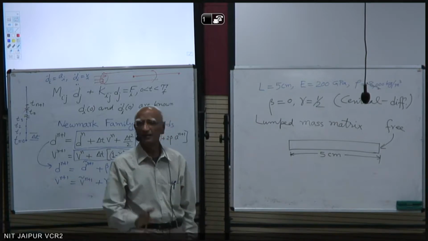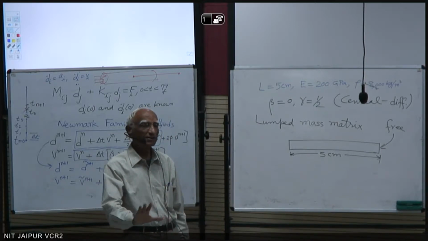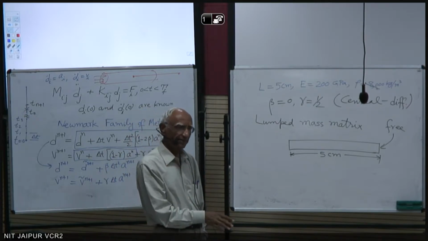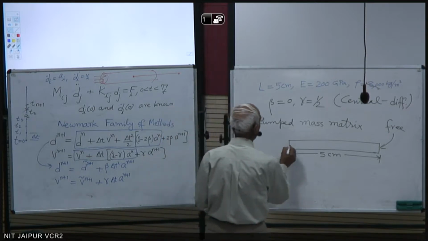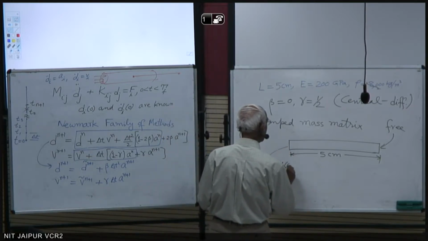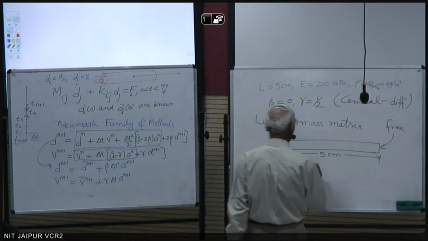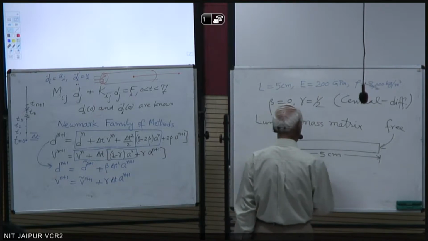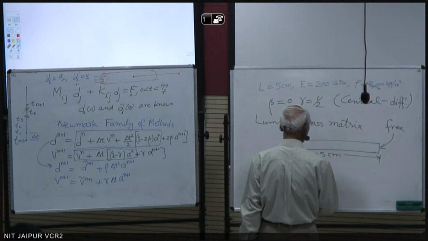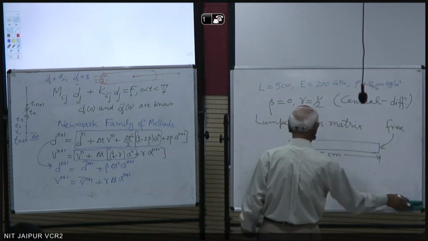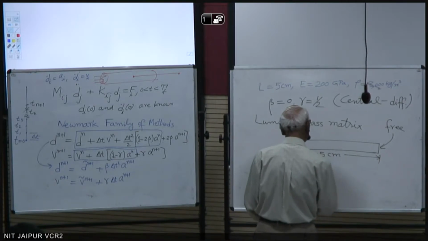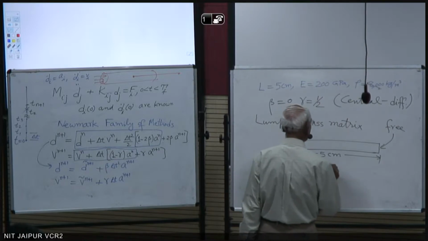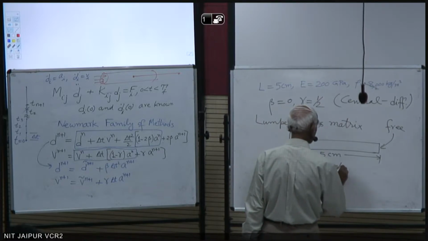Now on the left hand, some of you were having doubts about how to apply acceleration at the left hand. So let's assume that at this end, u(0,t) is given to be 2t² meter.